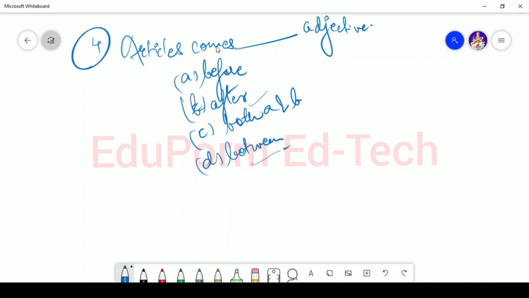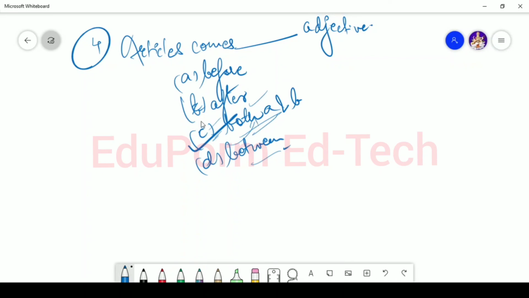So article comes before adjective, but in some exceptional cases it may come after adjective. When the options are like this, although you can choose A, after is also correct. The most suitable one is before. But if any option contains both A and B, you are going to choose that one, because in case of adjective, articles may come before or after.